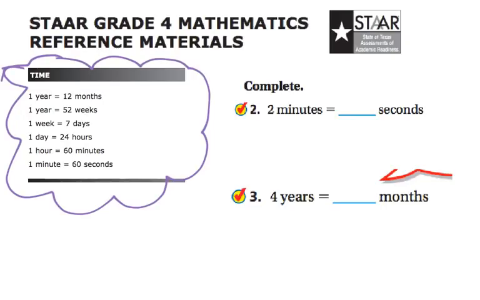Okay? So in the first problem, we have 2 minutes and we're trying to figure out how many seconds that is. Let's look over here at our conversion guide. They tell us that 1 minute equals 60 seconds. So if I had 2 minutes, I would simply think of multiplying 1 times 2 to get to 2 minutes, and then I'm going to multiply 60 times 2 to get my number of seconds.